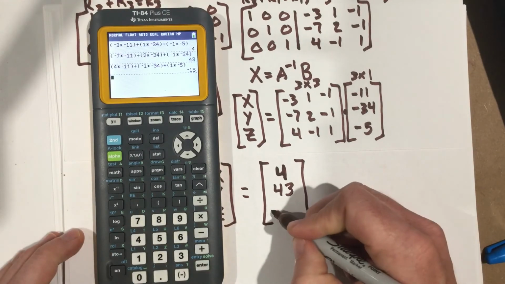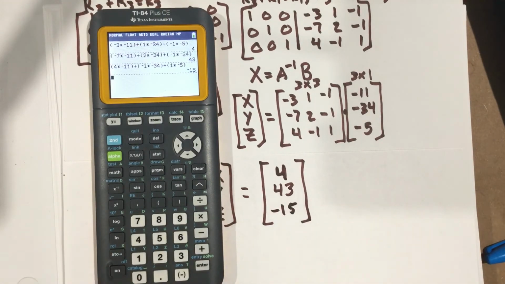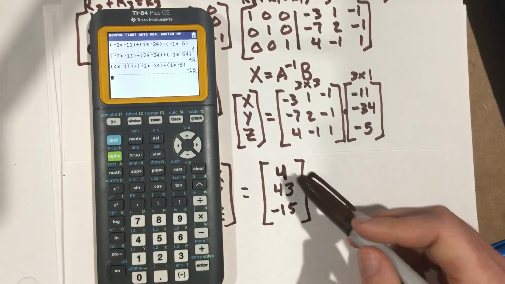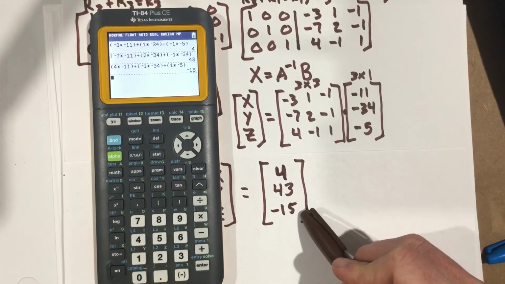And you get -15 here. So our solutions are going to be 4, 43, and -15.